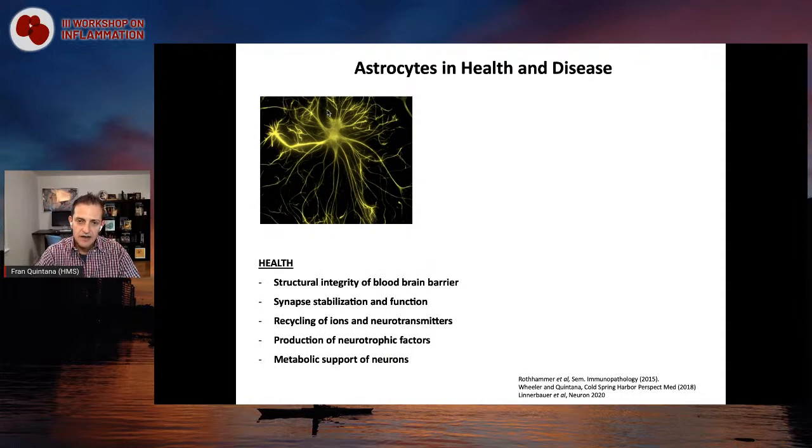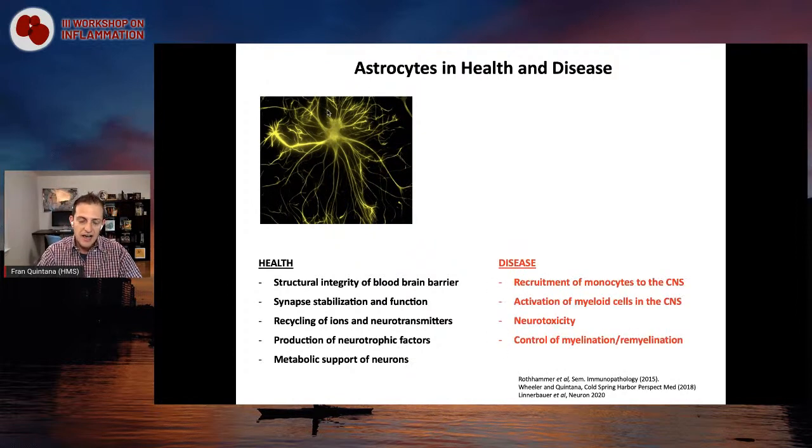They participate in the development and regulation of the blood-brain barrier and of synapses, and under homeostatic conditions, astrocytes provide metabolites and neurotrophic factors that keep neurons healthy and allow neurons to function properly.